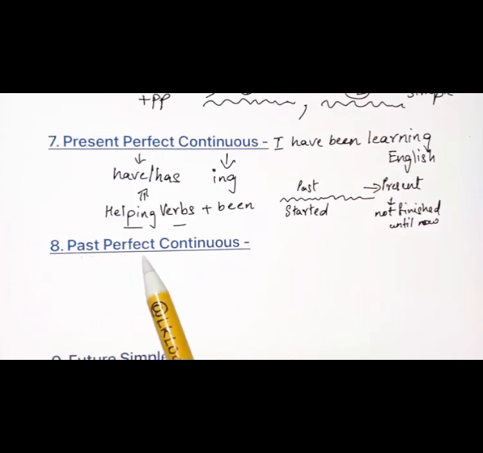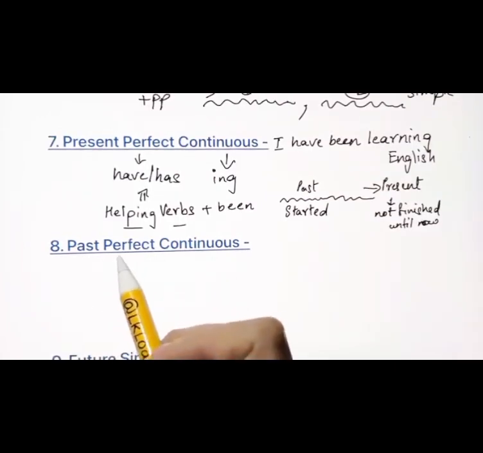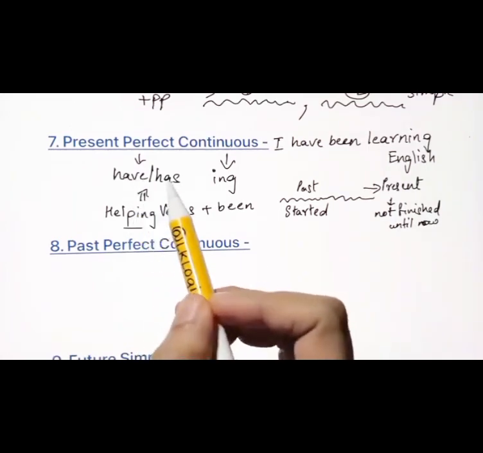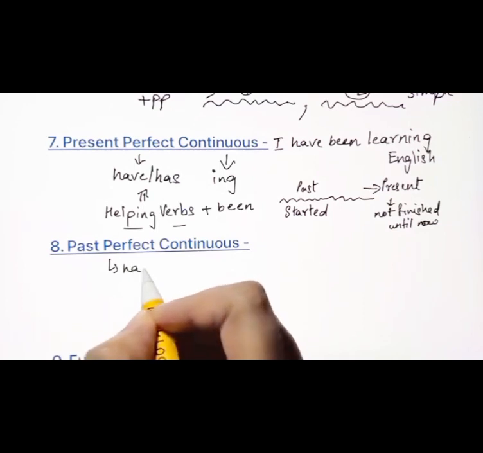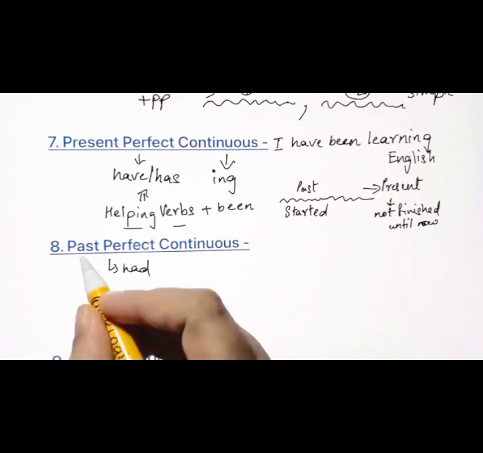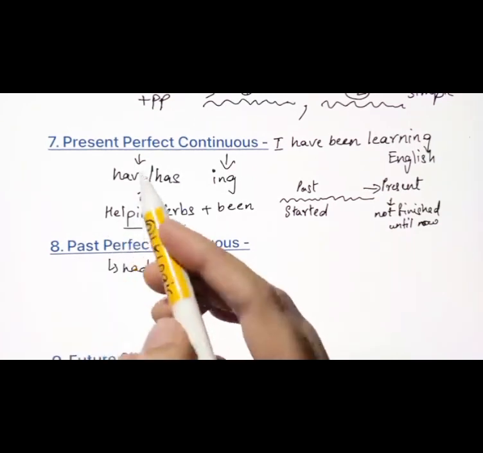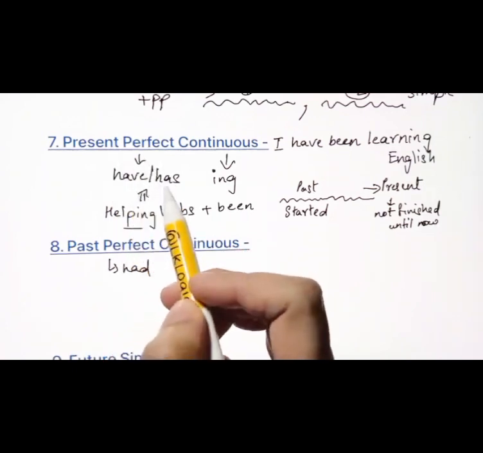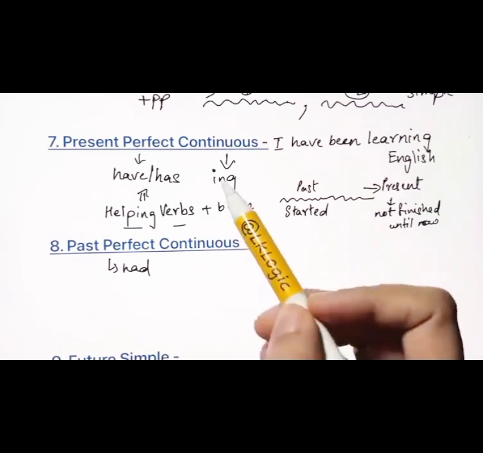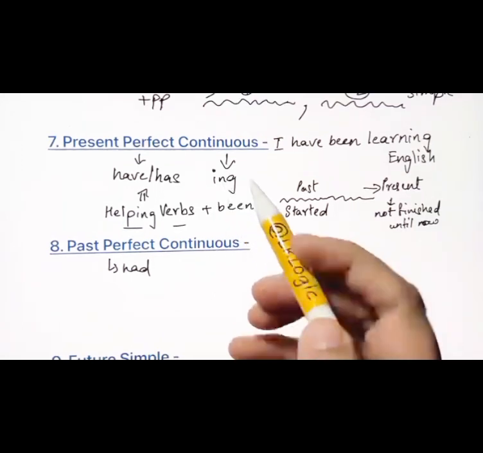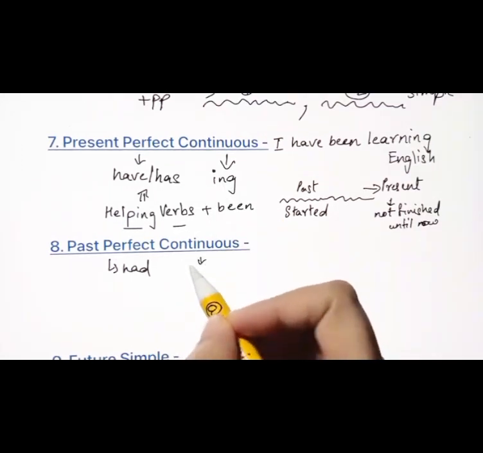What is past perfect continuous tense? So when you have perfect, you will have the past tense of have or has. And what's the past tense of have or has? It's had. Right? Because you're talking about past perfect. Present perfect, you'll have have or has. Now, since there is continuous, what are you going to add to the base verb? ing.